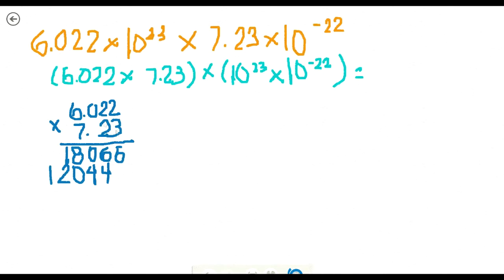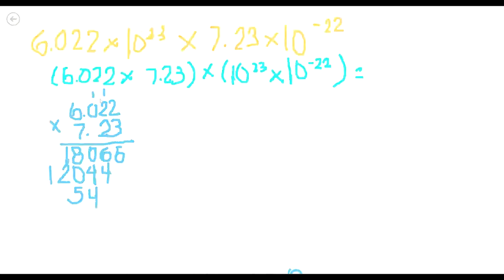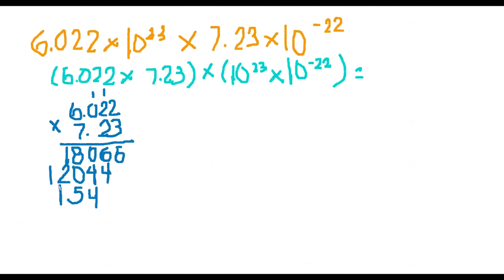Next, 7 times 2 is 14. Let's carry that 1. 7 times 2 is 14, plus 1 is 15. Carry that 1. 7 times 0 is 0, but there's 1, so we'll put 1. 6 times 7 is 42.